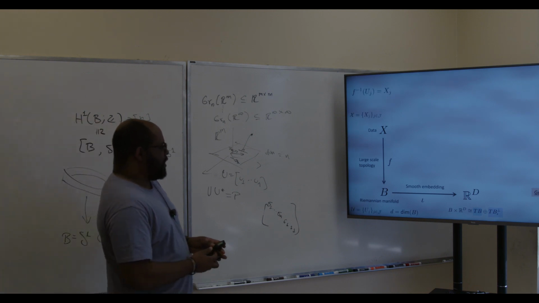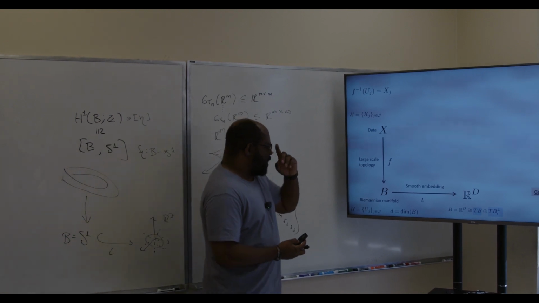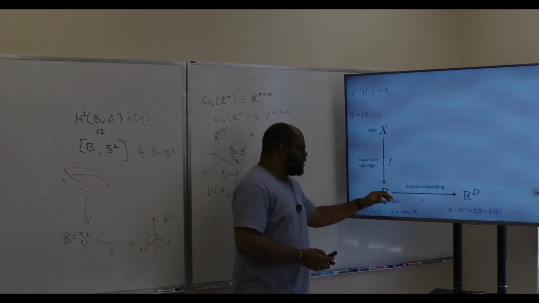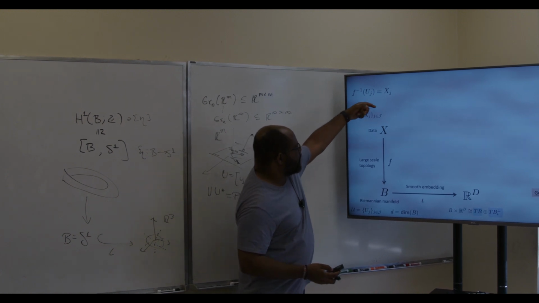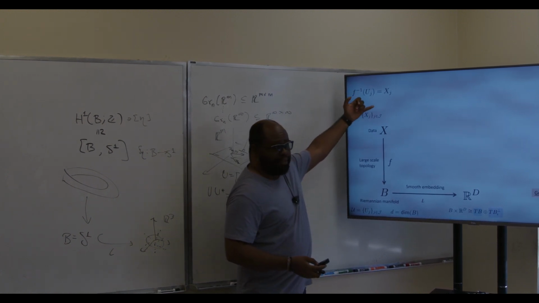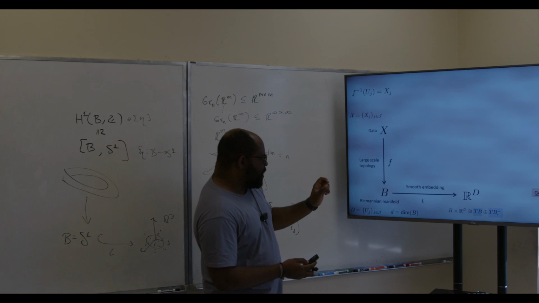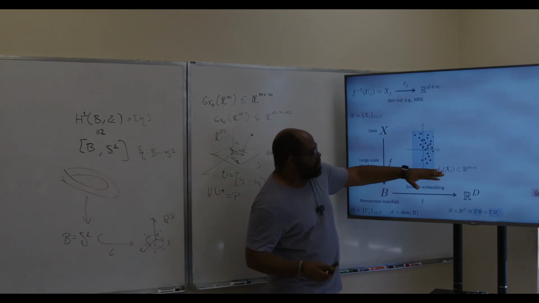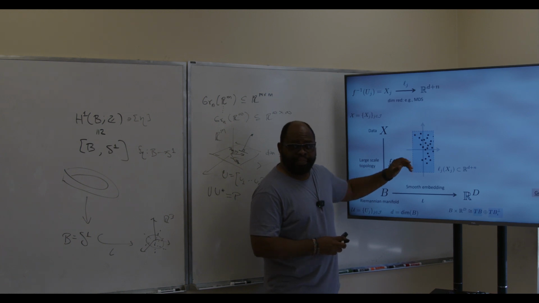The way we do it is as follows. Go ahead and give me an open cover of the manifold and pull that back to the data, these regions X_j. And now in each piece of the data, or each fiber, you can do dimensionality reduction separately.